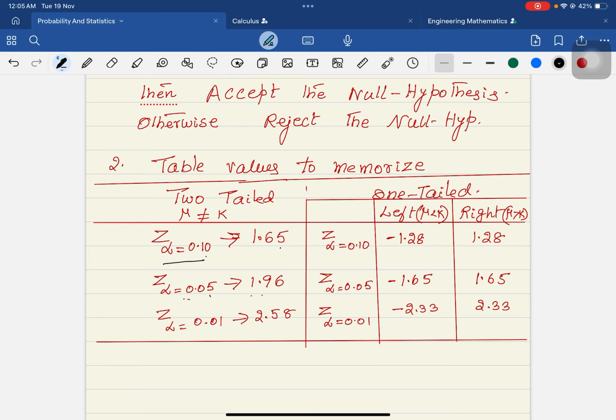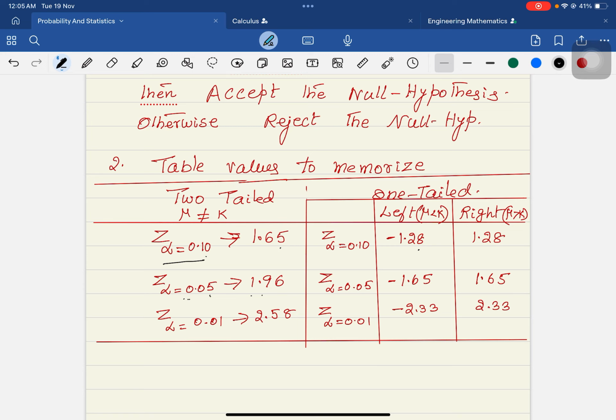And for one-tailed, when you take alpha 0.10, the left tail is minus 1.28 and the right tail is 1.28. Alpha 0.05 gives minus 1.65 and 1.65. When alpha is 0.01, it is minus 2.33 and 2.33.